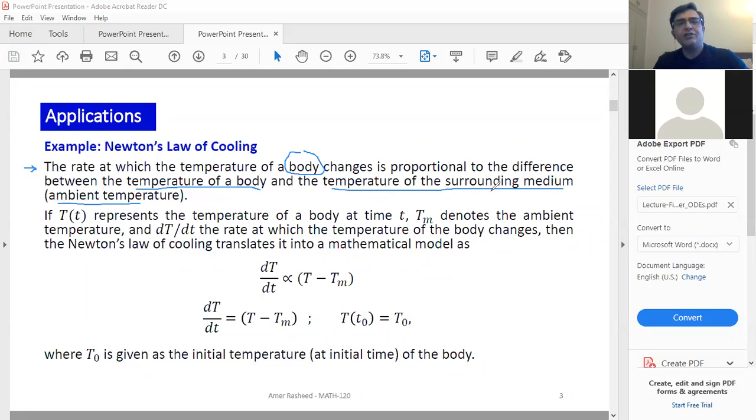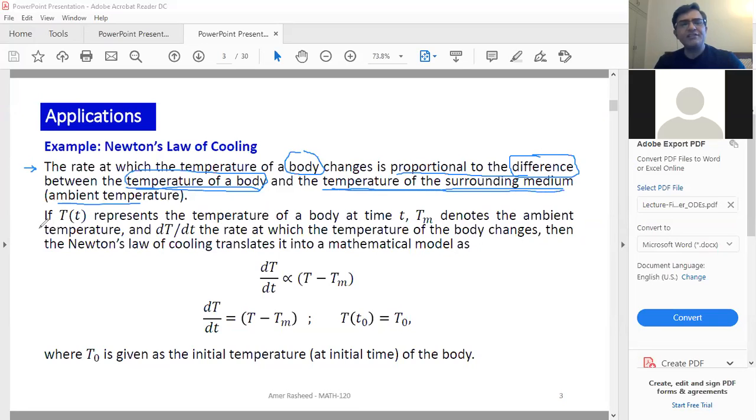This is what Newton's law of cooling tells us. So the rate of change of the temperature of some body, which is hotter than the surrounding, is proportional to the difference. This is important: the difference between the temperature of the body and the temperature of the surrounding medium, which is called the ambient temperature.